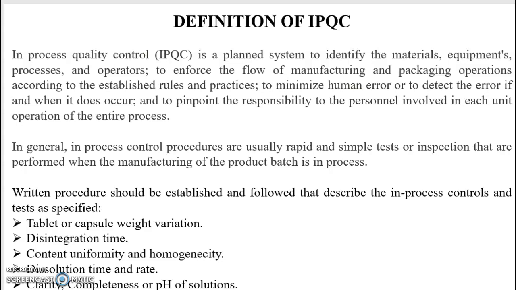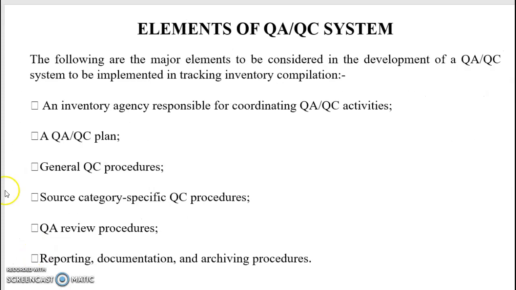There are some written procedures which are followed in the control and test as specified, like tablet or capsule weight variation, disintegration time, content uniformity and homogeneity, dissolution time, and weight, clarity, completeness, or pH of the solution.